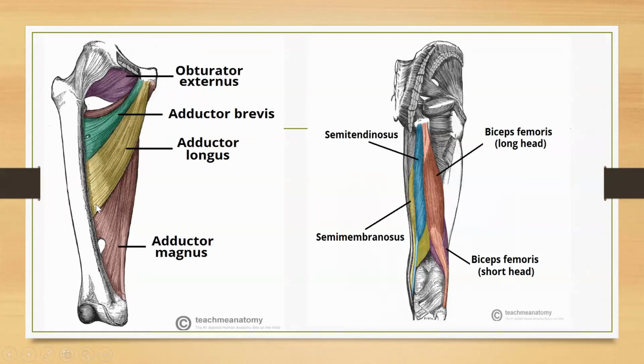This is the medial compartment muscle group, which includes the adductor brevis, the smallest one, and the adductor longus, and this is the adductor magnus. This is the posterior compartment muscle group, which includes the biceps femoris and the semitendinosus and the semimembranosus.